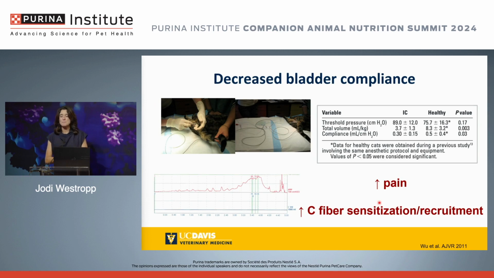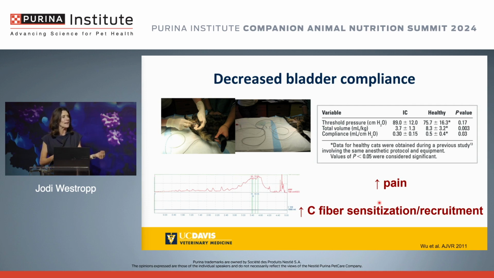I mentioned that sometimes bladders can be quite thick in some of these cats. And what we did, we did some urodynamic studies to evaluate if these cats had evidence of overactive bladder or what their bladder filling was like to try and document differences between healthy cats.